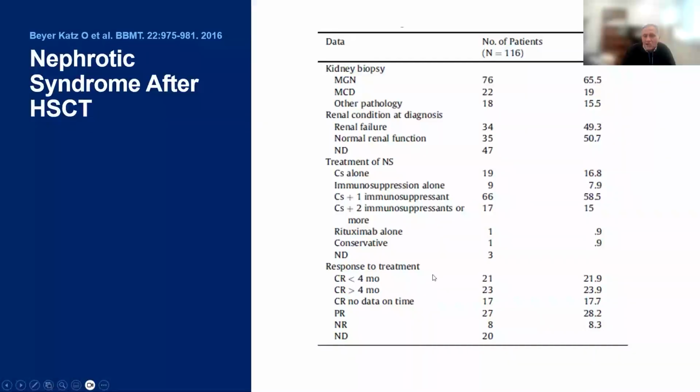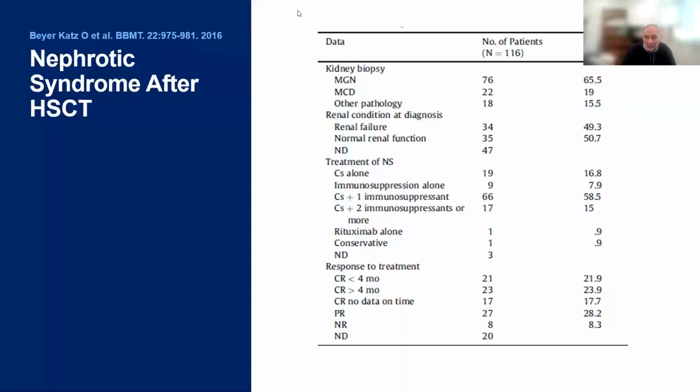Many of these patients will have at least a partial response, as we can see at the bottom of this table. So basically, when we see these patients and we know from the biopsy that the patient has either minimal change or membranous nephropathy, and often these patients are already off GVHD prophylaxis, we use either rituximab or corticosteroids, and most of the time there is a decent response, and they do okay.